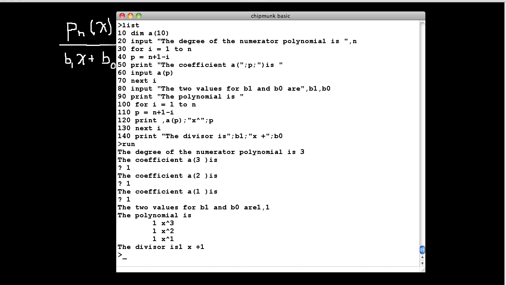Okay, so my I loop should really go through n plus 1. You see what I'm talking about? I have A3 is x cubed, A2 is x squared, A1 is x, but this is not giving me the constant in the equation. So I need to have an extra term. For a third degree polynomial, I have to input the constant value. So I need the coefficient for A0 here. Okay, let me think about that, and we'll deal with it next time.